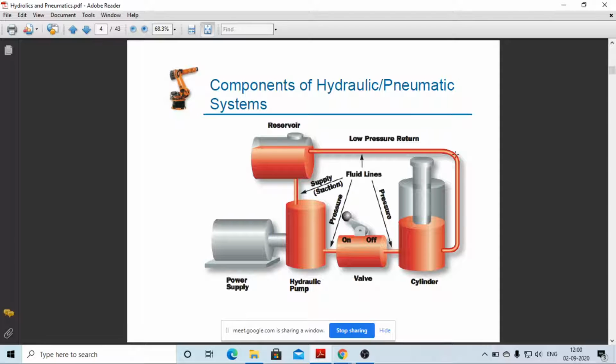So you can say that this P is the pressure line or pump line, P for pressure and P for pump, and the returning line is denoted by R or T, T for the tank line and R for the return line. The return line always operates at low pressure, and the pressure line operates at very high pressures.